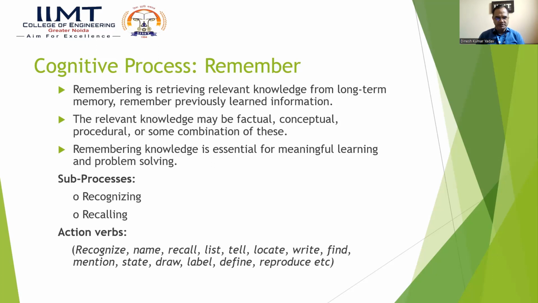The action verbs that will be utilized in creating the course outcome statements are written at the bottom of this page. As you can see, they are recognize, name, recall, list, tell, locate, write, find, mention, and so on. All these verbs clearly indicate that the user is just supposed to recall or reproduce the previously learned information.